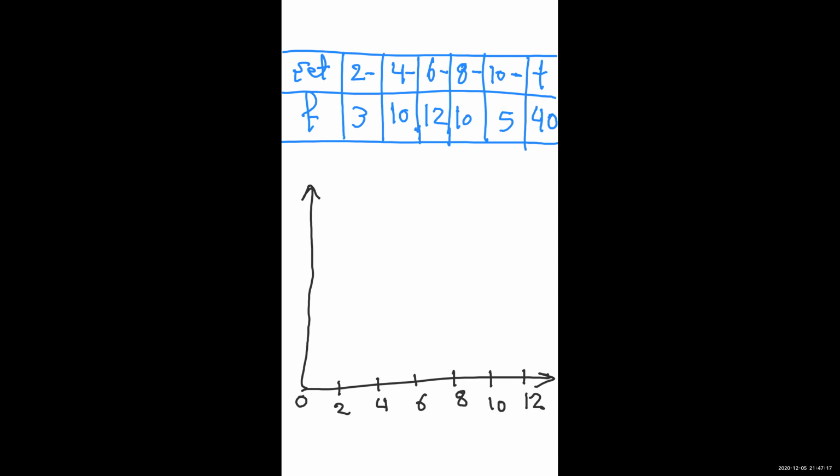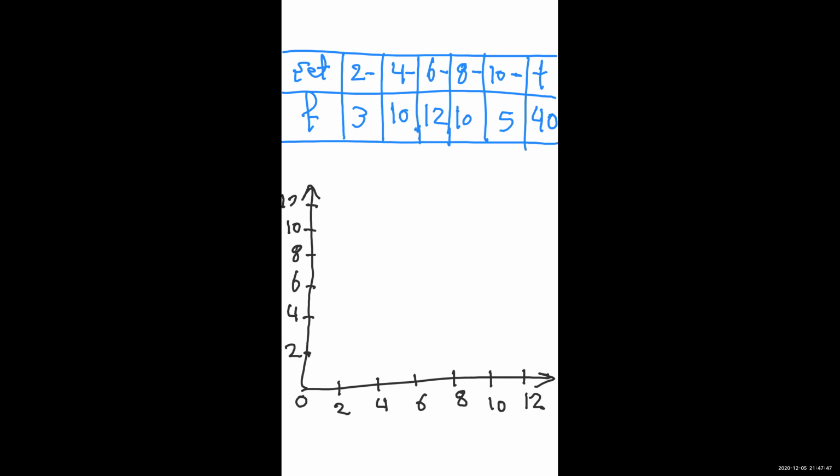Here about the frequency, it's 3 and 10 and 12, so I'm going to represent it like on also 2. So 2, 4, 6, 8, 10, then 12.